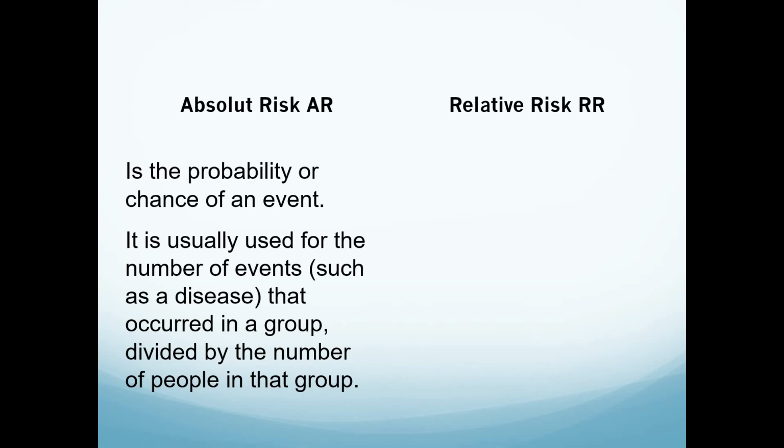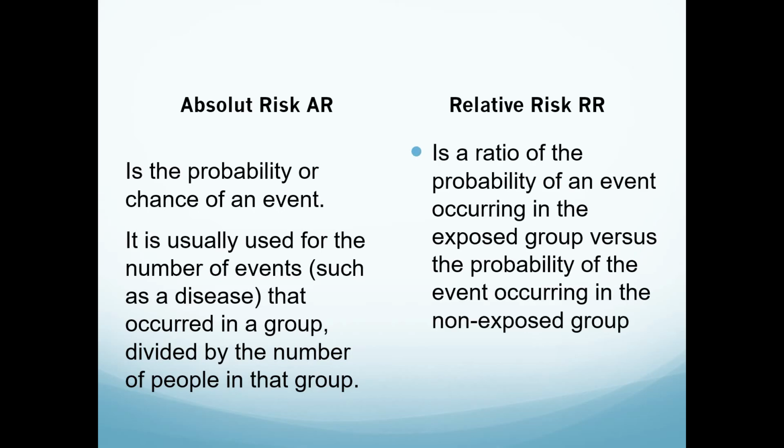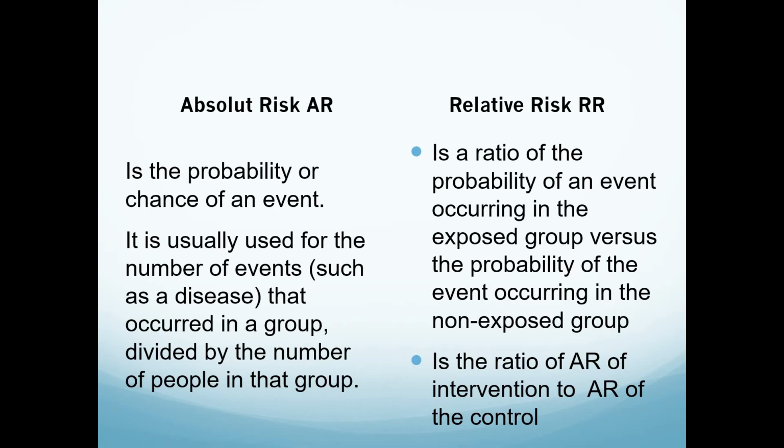When we are talking about relative risk, from its name we call it relative. It is the ratio of the probability of an event occurring in the exposed group versus the probability of the event occurring in the non-exposed group. So the ratio of the absolute risk of the intervention to the absolute risk of the control.